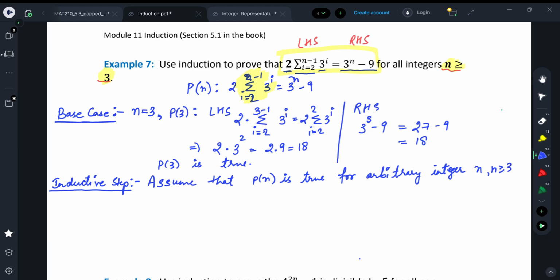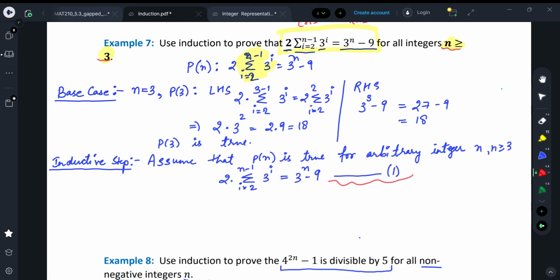So I'm going to assume that this is true. So I'm just going to write the equation that I'm assuming is going to hold. So 2 times summation i going from 2 all the way up to n minus 1, because that's my Pn if you see above. I'm just assuming the question is true for an arbitrary n. We will call this equation 1. Okay, don't forget this, equation 1, because you have to use this equation.